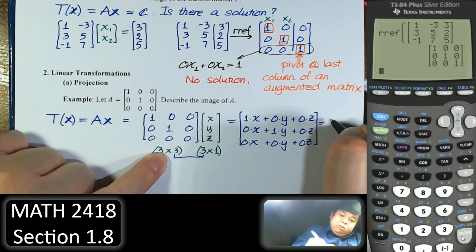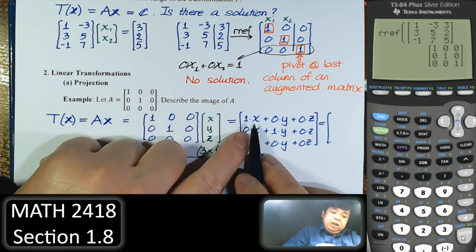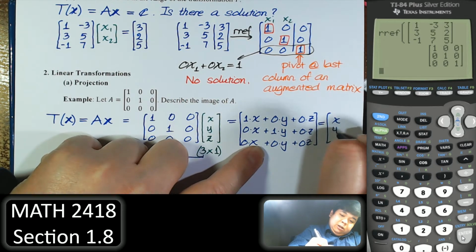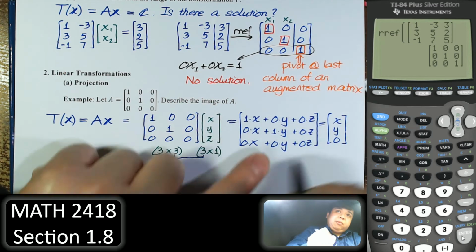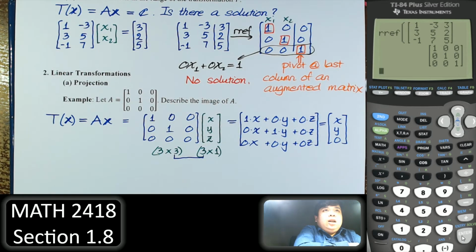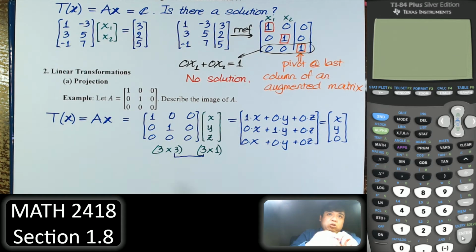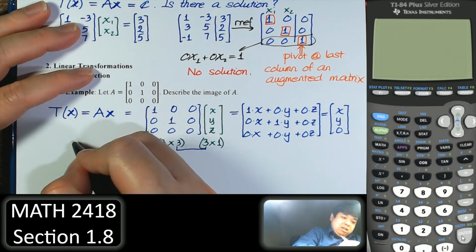So when we multiply, we will have x, y, and 0. The reason that I use x, y, z instead of x1, x2, and x3 is that we have the coordinates x, y, z, and when we do the transformation we only have x and y.